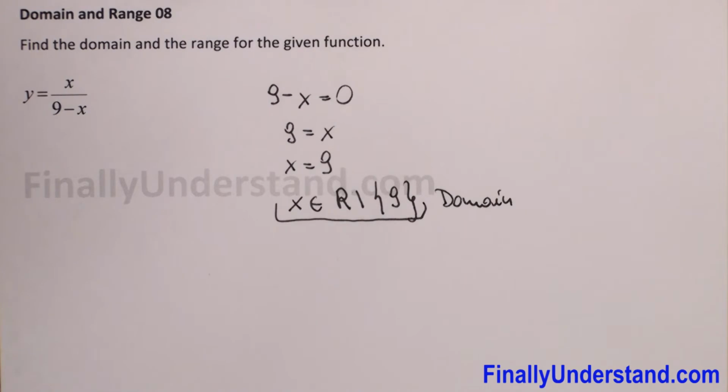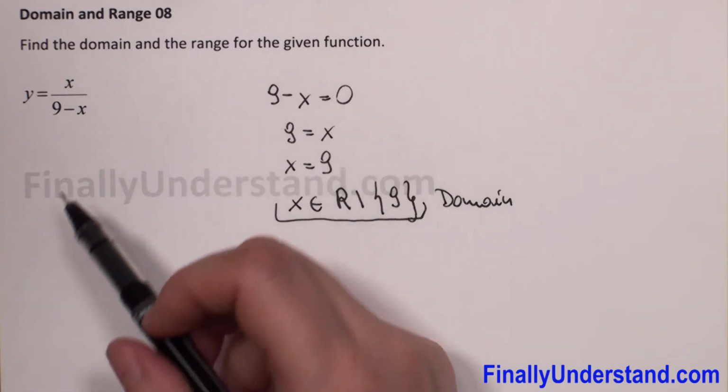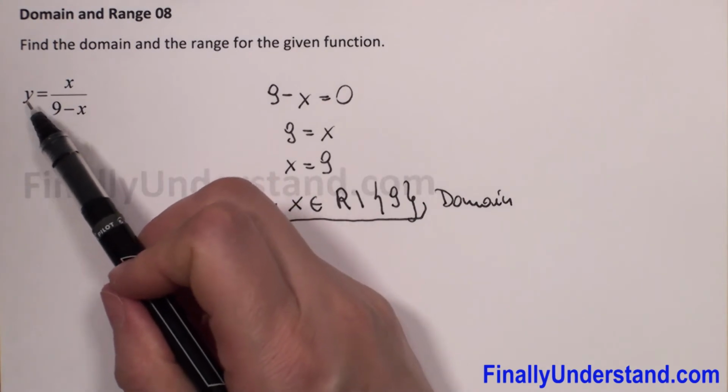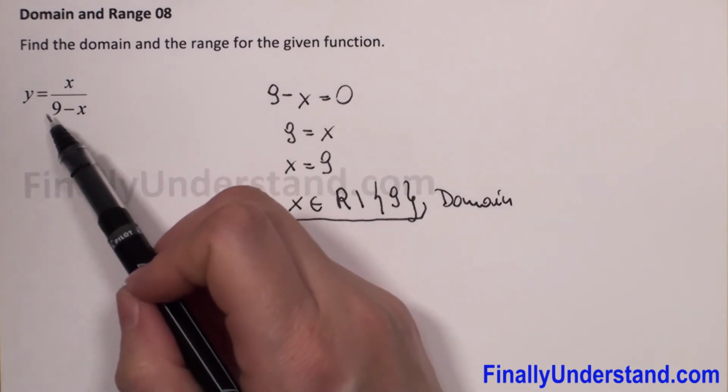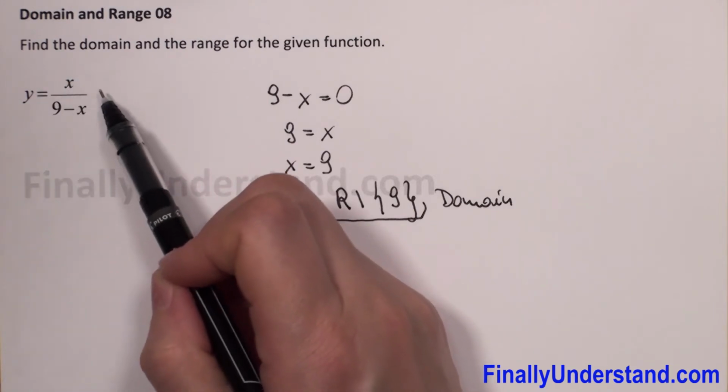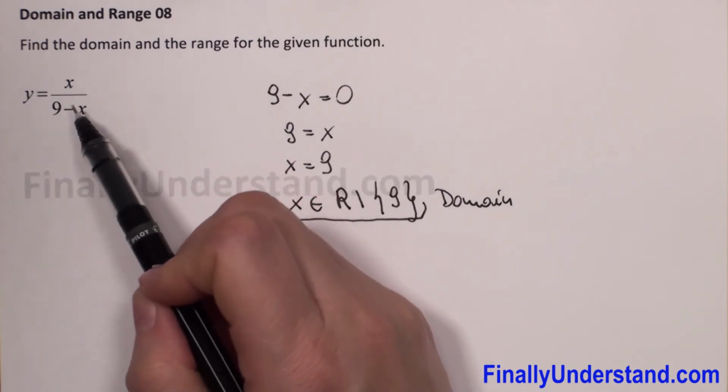Now we have to find the range. When you have to find the range, it means we have to find all possible values of y. So, to find this value, we have to solve this equation for x.